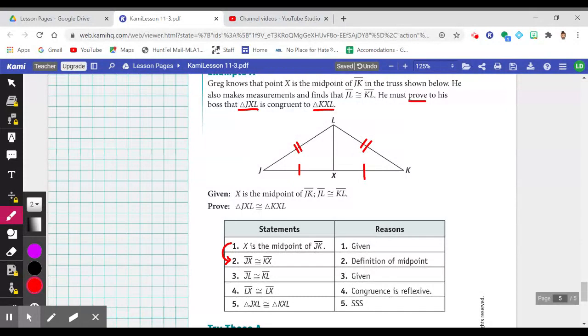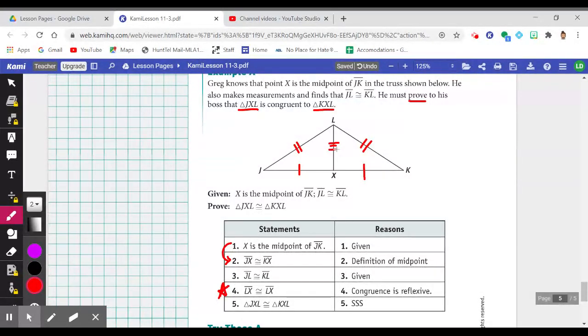So look here, we have 2 pairs of corresponding parts congruent. Well, we need a third pair of sides, or we need a pair of angles. And so look what they figure out in statement 4. This is rather interesting. Line segment LX is congruent to line segment LX.